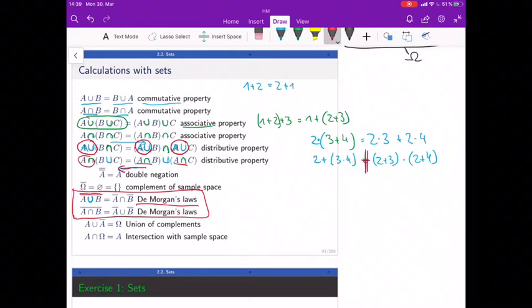The negation breaks up into two parts, but as a result the union symbol flips over and becomes an intersection. That's De Morgan's law. Likewise, if you have an intersection and a big negation, you split it up into two negations, but you have to flip the symbol. So an intersection becomes a union. Very simple, but very powerful.